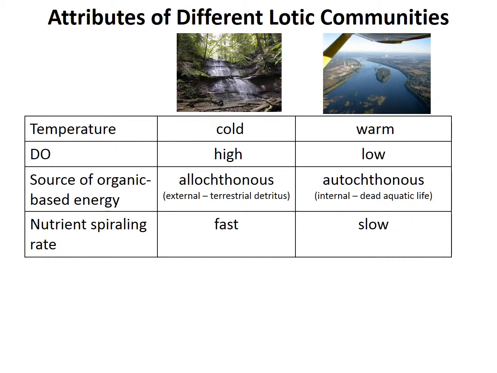The differences in nutrient spiraling rates between these two systems is fairly straightforward. The lower order streams will have a faster nutrient cycling rate, and in the higher order, larger river complexes, the rate at which nutrients are being cycled through is much slower. This largely has to do with the depth of the water column and the movement of the water through that system. So the headwater streams are very shallow.